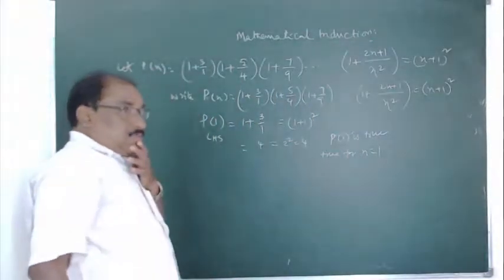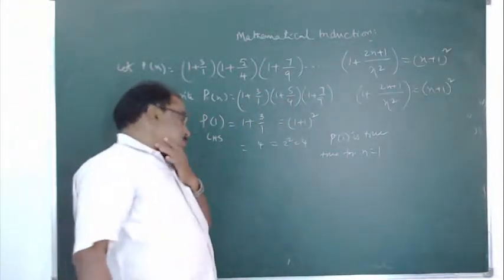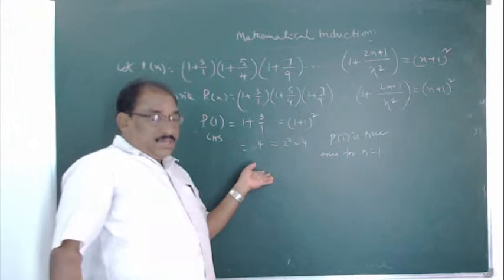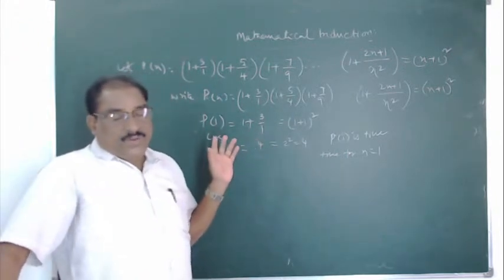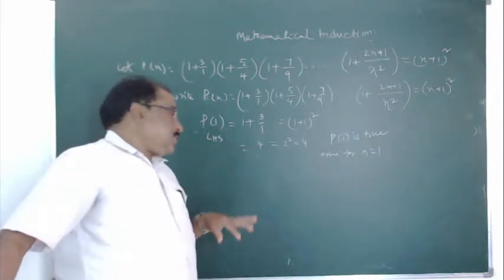The second step is the inductive hypothesis. That is, assume the given statement is true for n is equal to k.